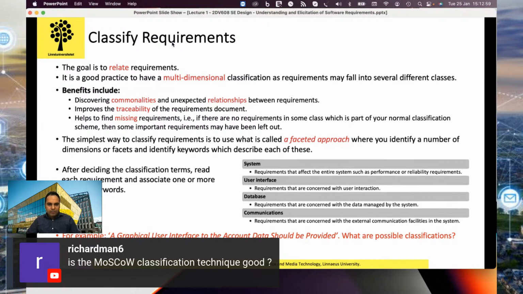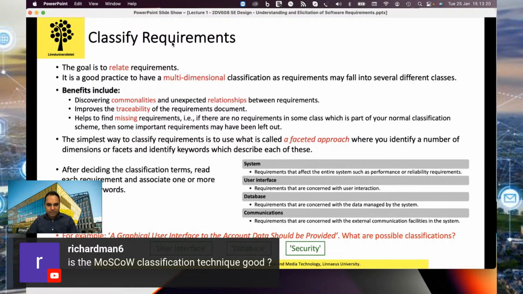So here was an example. A graphical user interface to the account data should be provided. So what are the possible classifications? I think we are also running out of time, so I will not ask for your input. Rather, I will provide my answer directly.